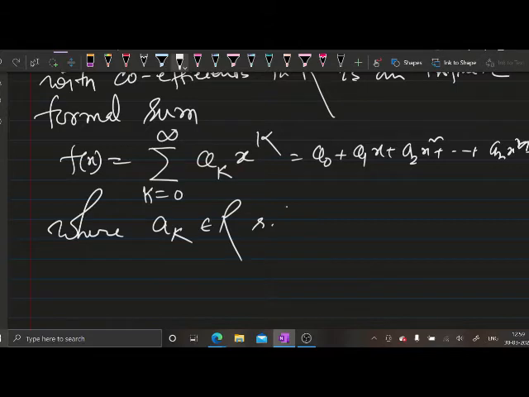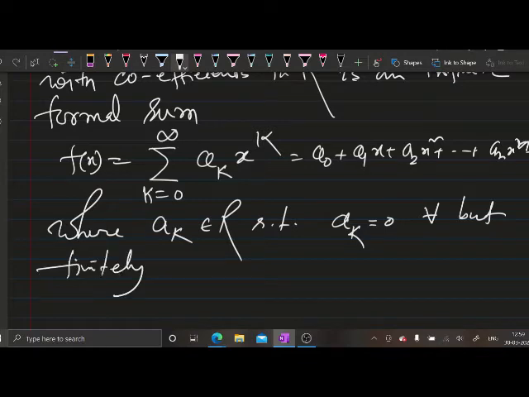such that ak's will be 0 for all but finitely many values. That is, I have already told you that a polynomial can be defined in terms of a sequence where the terms of the sequence are 0 except for finitely many values of n. So that has been conceived here.